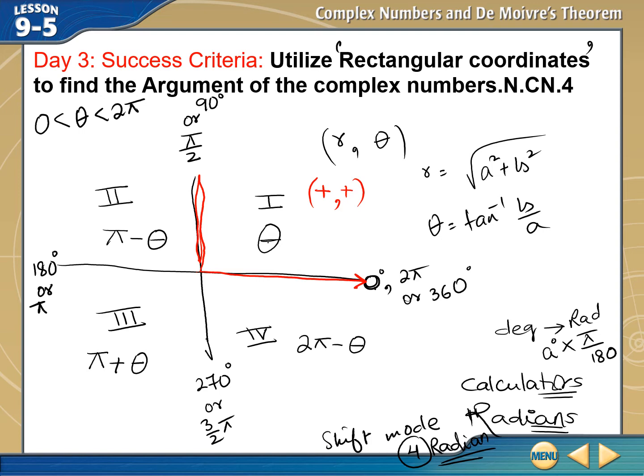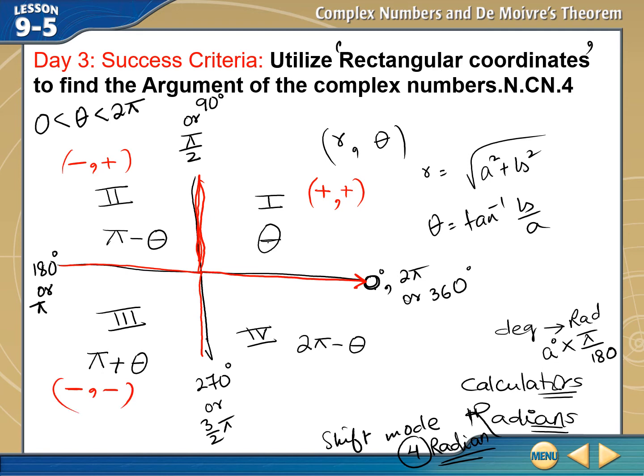Now in the second quadrant, the x on this side is negative, and the y is positive. Now in the third quadrant, x is negative and y is also negative.